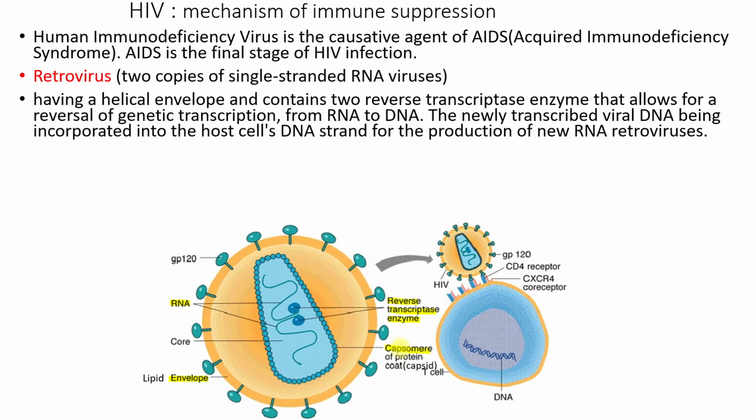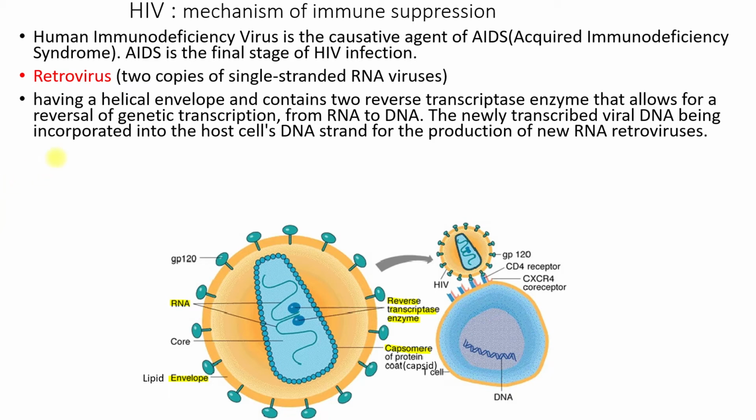Clever, right? It has viral RNA, and it makes viral DNA. So the newly transcribed viral DNA will be incorporated or fused into the host cell's DNA strand for the production of new RNA retroviruses.